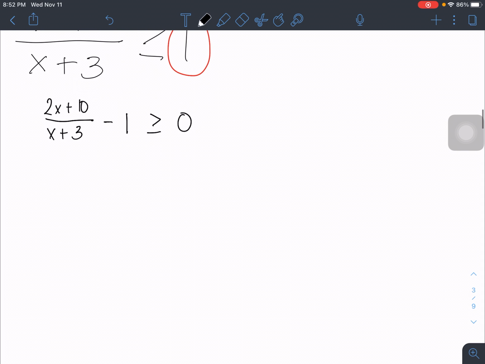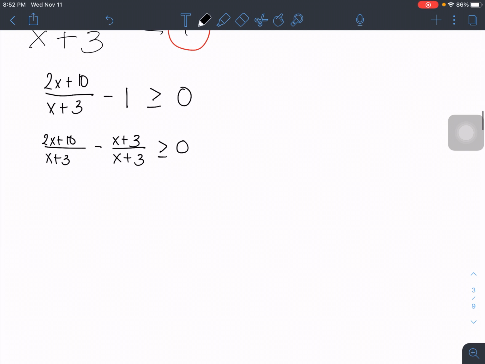Next is to simplify the left-hand side. So this will be (2x + 10) over (x + 3) minus (x + 3) over (x + 3) greater than or equal to 0.